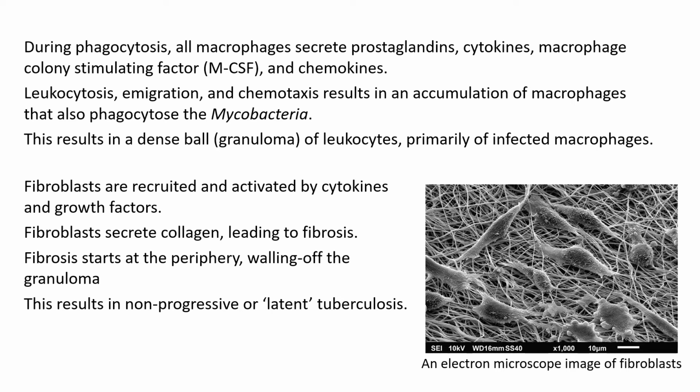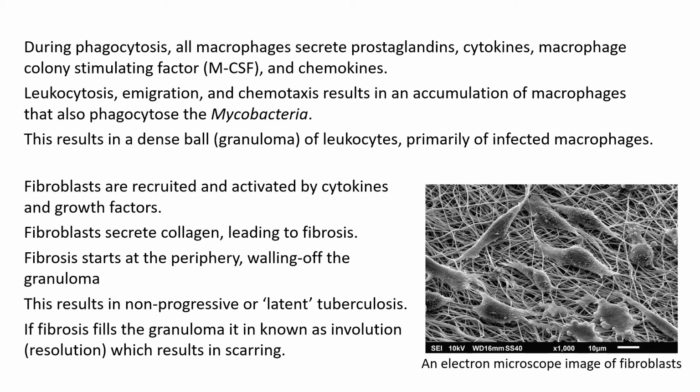Well, that's all very good because we've now contained our infected macrophages. So they wall it off. And what we've actually got is a non-progressive or latent tuberculosis. It's just sitting there, walled off quite happily, can't spread anywhere. We've walled it off with our fibrosis, our collagen.